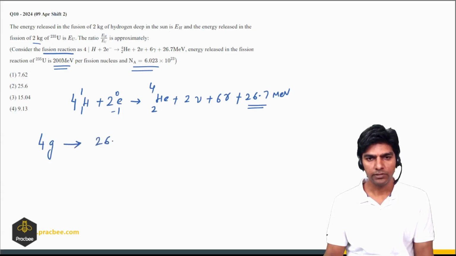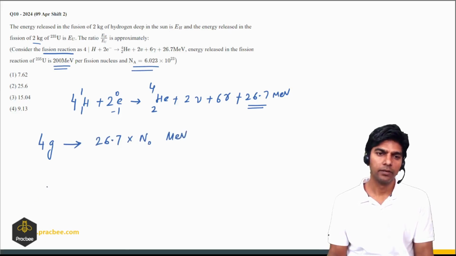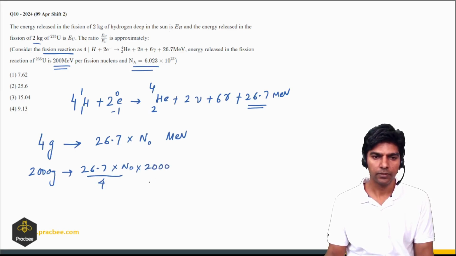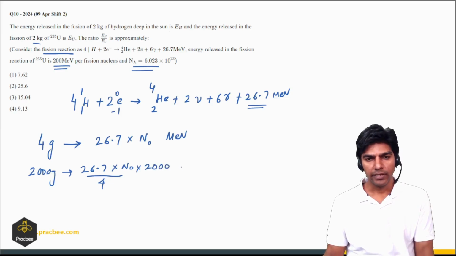That will be 26.7 times Avogadro number, right? And that will be in mega electron volt. And so for 2000 grams, it will be 26.7 times Avogadro number divided by 4 multiplied with 2000. So that will be, which is in mega electron volt, and this will be EH.